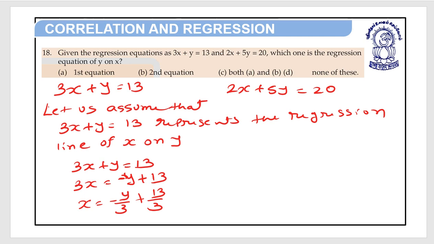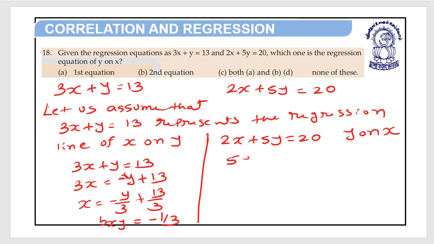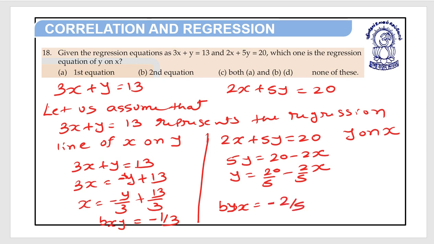So here bxy is equal to minus 1 by 3. Same way for 2x plus 5y is equal to 20, y on x. So 5y is equal to 20 minus 2x. So y is equal to 20 by 5 minus 2 by 5 x. So byx becomes minus 2 by 5.